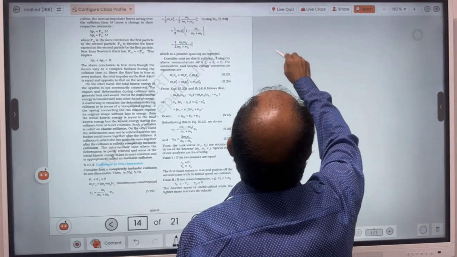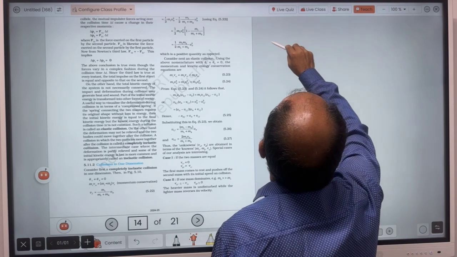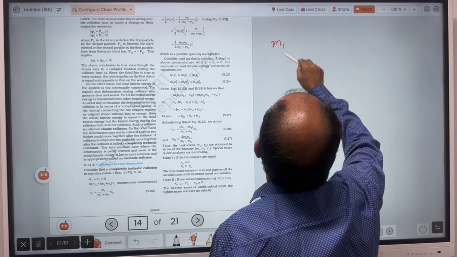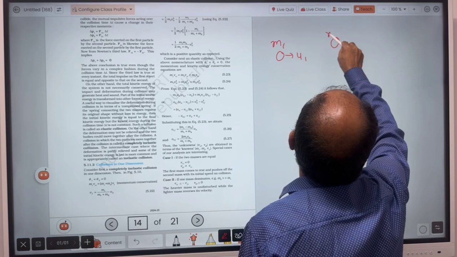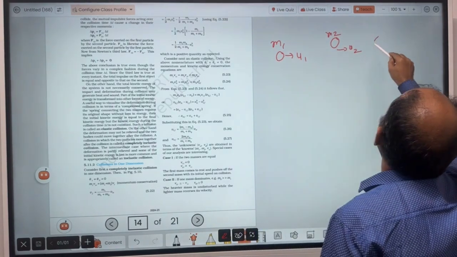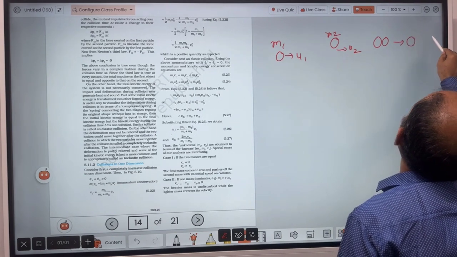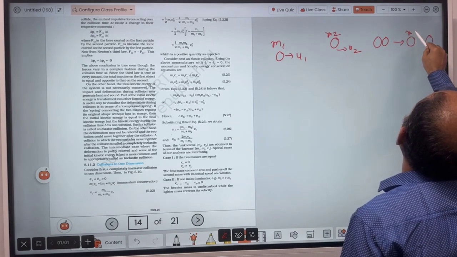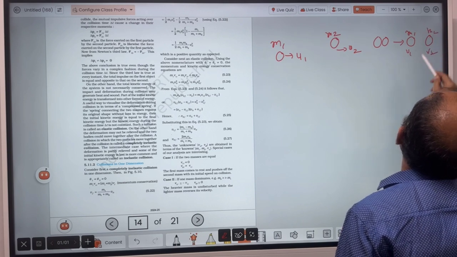So here we are taking that two bodies are moving. First body m1 is moving with velocity u1, another body m2 is moving with velocity u2, and they collide, and after collision they start moving with velocities: m1 is moving with v1 and m2 is moving with v2.